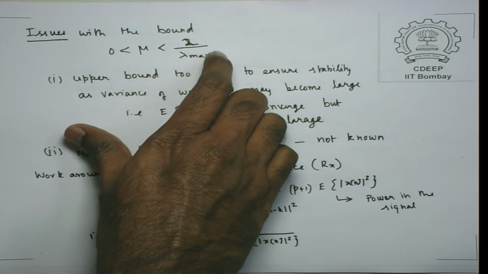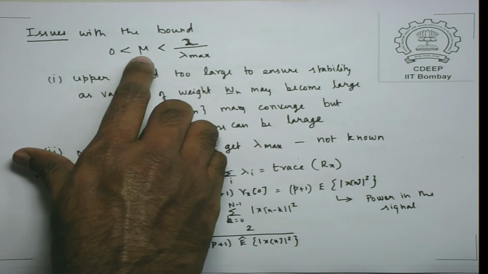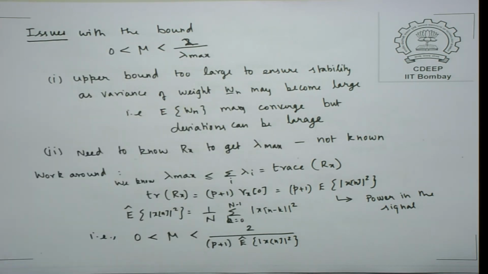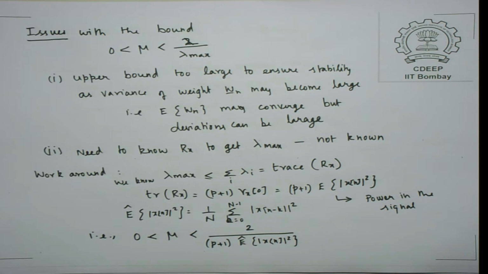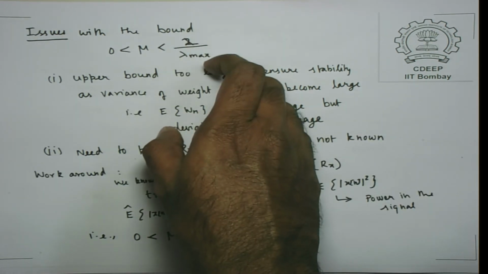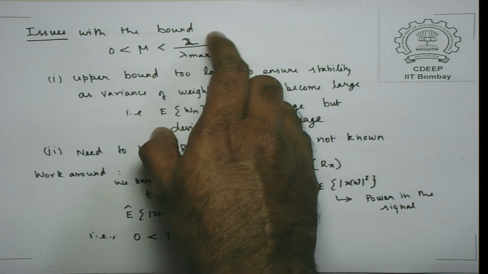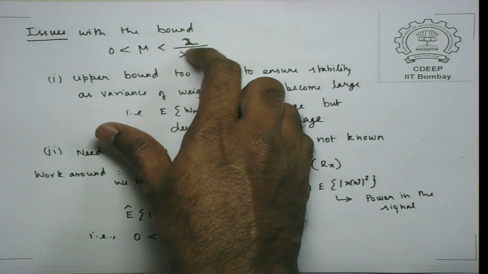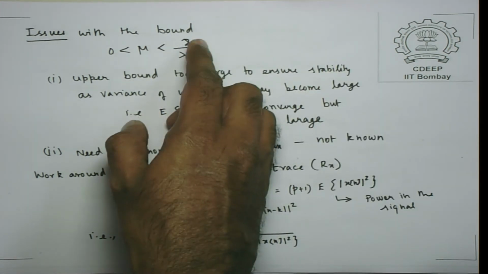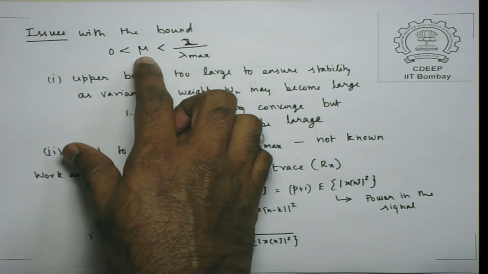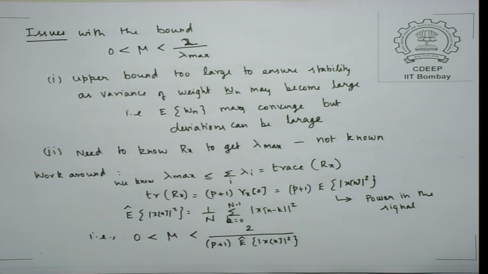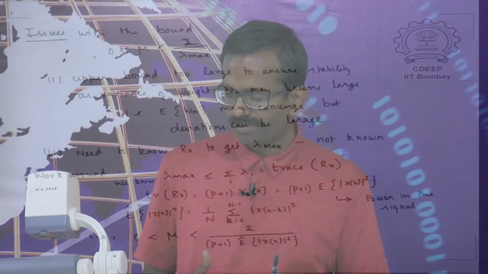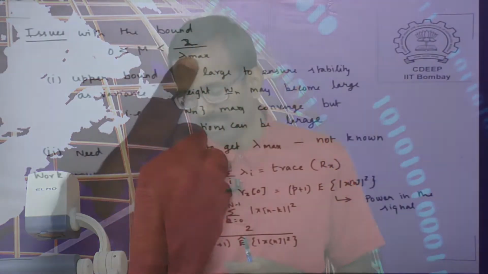Then the variations for mu can also be very large, from 0 to any value depending on what this 2 by lambda max is. So we need a slightly better, lower upper bound, so that we get some control over mu. So how do we do this in a more data dependent way and not try to do this from statistics?